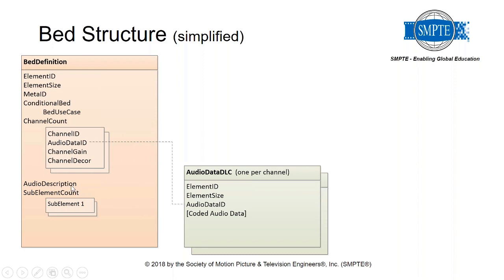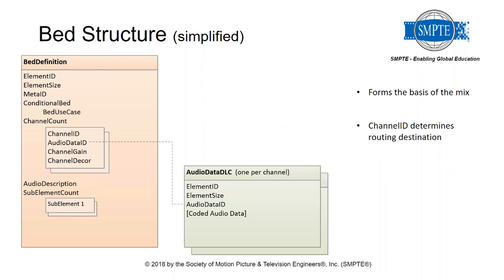There's the ability to include audio description text, which is basically a free text field, and a sub-element count. As mentioned before, this is part of the basic element definition, and bed structures can contain other sub-elements, which we'll look at later. So to review, the bed forms the basis of the mix.